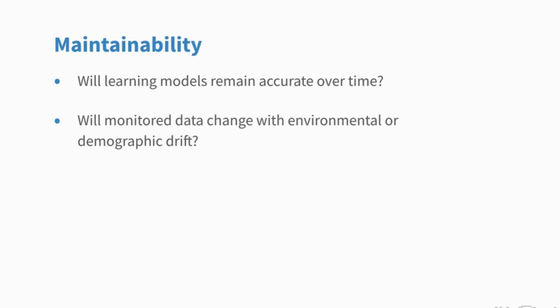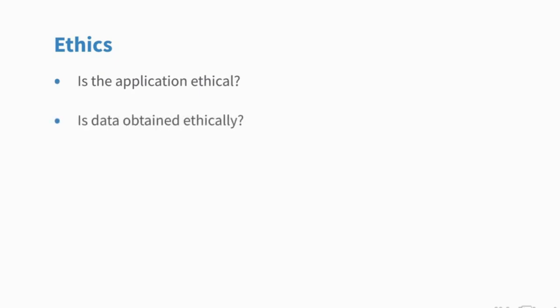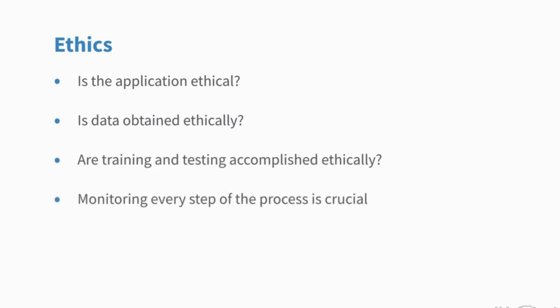This includes retraining the model, optimizing its parameters, or modifying its architecture. You must establish a maintenance process and allocate the necessary resources to ensure that the model remains up to date and accurate. You must always consider when thinking about bringing a prototype to production whether your application is ethical and whether you are monitoring every step of the way to ensure data, training, and testing are all ethically accomplished.